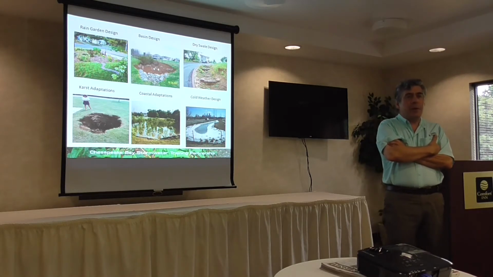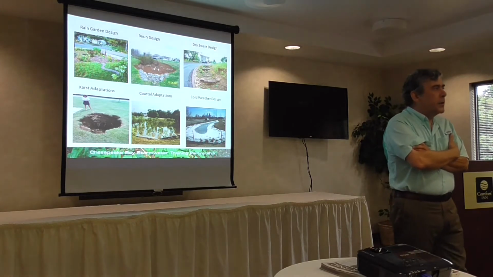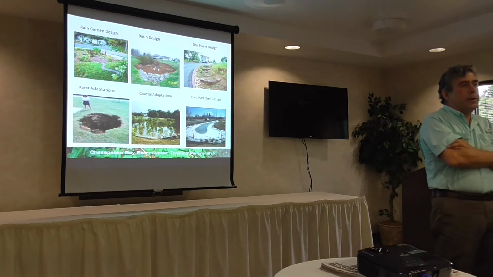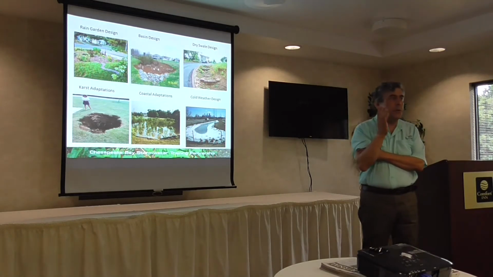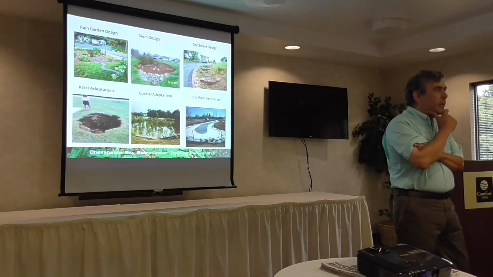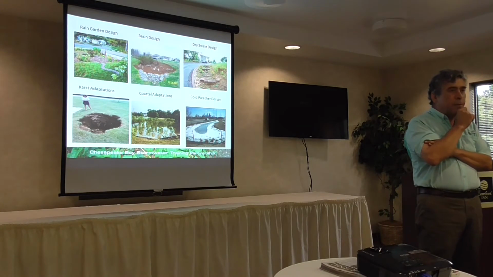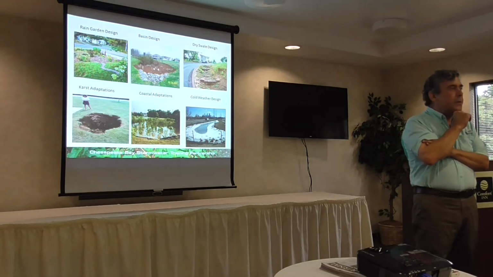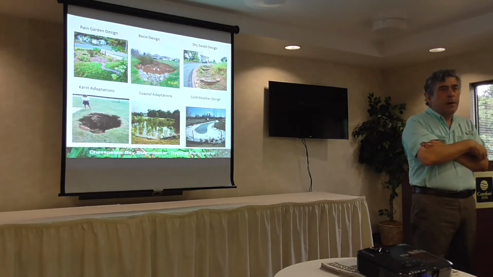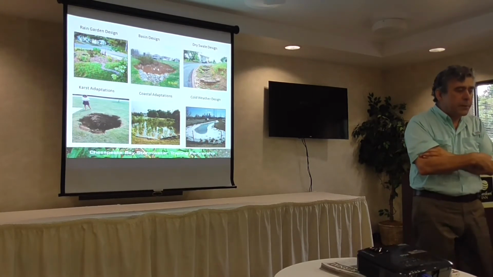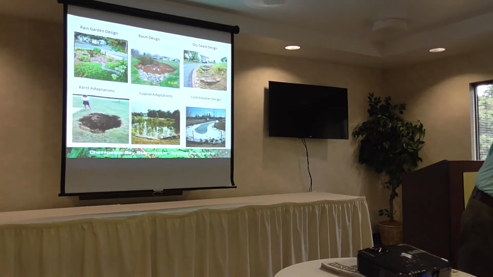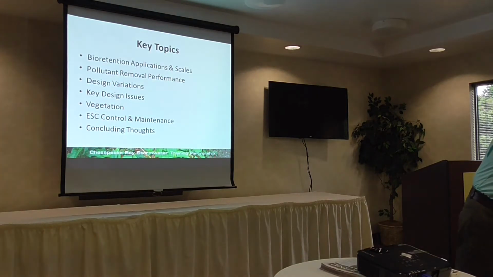And we'll talk a little bit about cold weather design. Generally speaking, I'll answer that question right now. One of the beauties of bioretention is that it works in cold climates. Some of the most effective facilities I've ever seen have been located in places like Vermont, Minnesota, I've even seen some from Alaska. So it works probably much better than most other practices in regions that have cold, harsh winters.